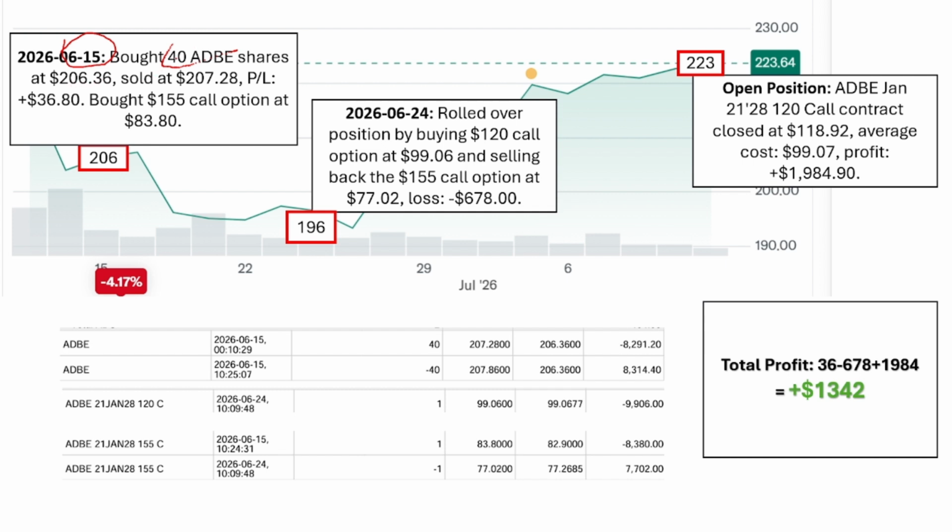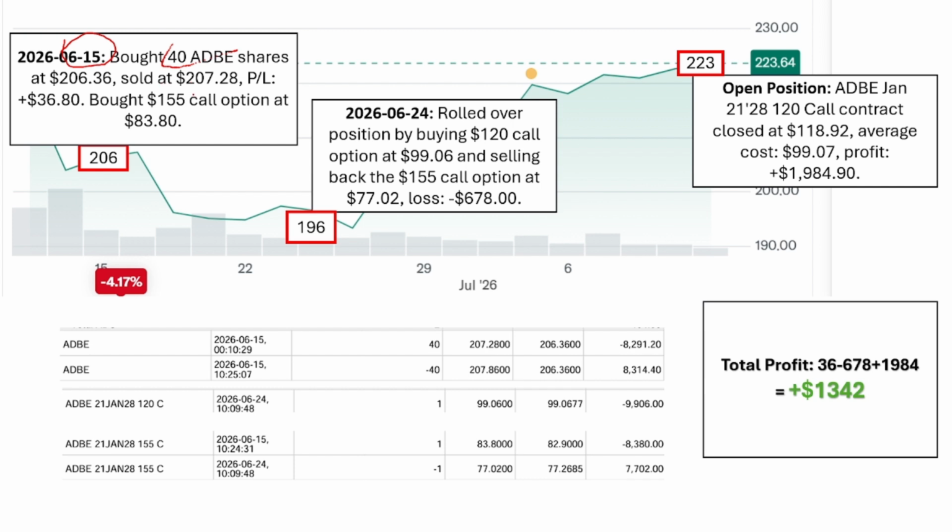I bought 40 shares, and within 15 minutes I sold them. The reason I sold them was that I felt Adobe was really undervalued and I should be owning more shares of Adobe than just 40. The only possible way I found was buying a LEAP call option.